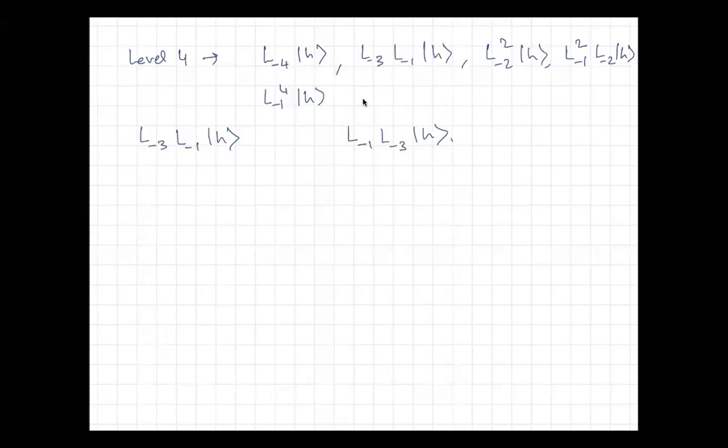If you are looking at what the Virasoro algebra is, then if you have a state, these are not going to be linearly independent. If you have L minus 1, L minus 3, you could always write it as L minus 3, L minus 1, and L minus 4.